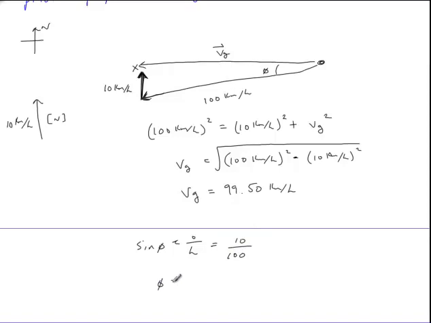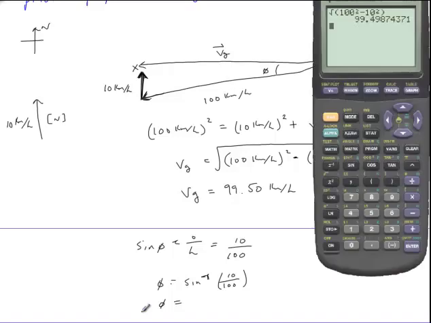So theta equals sine inverse of 10 over 100. We'll use our calculator. Sine inverse of 10 divided by 100 is 5.7 degrees.